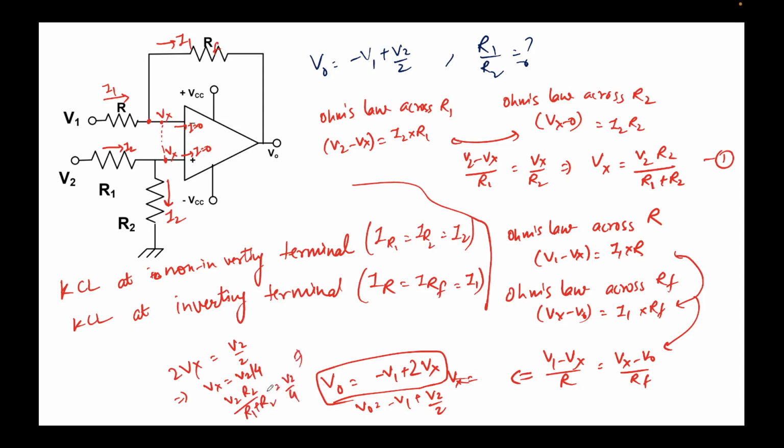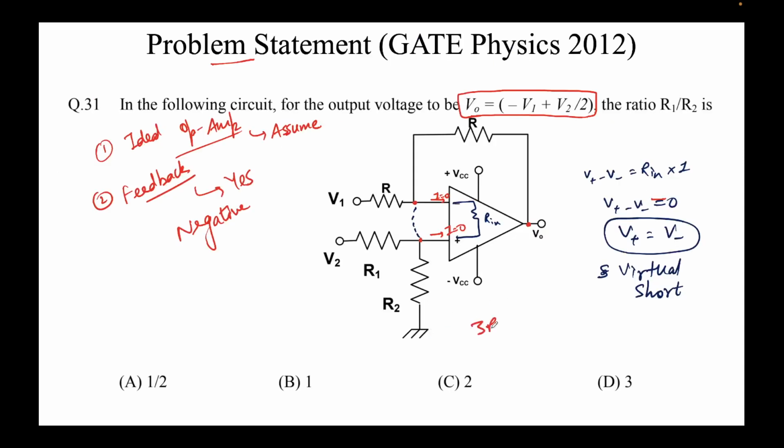V2 and V2 get cancelled. I get 4R2 equal to R1 plus R2, and this will give me 3R2 equal to R1. We were required to find R1 over R2, so that's 3 over 1, that's 3.